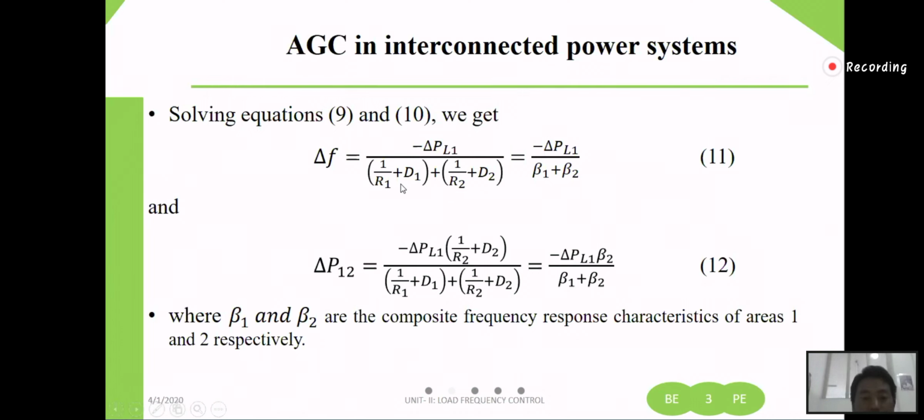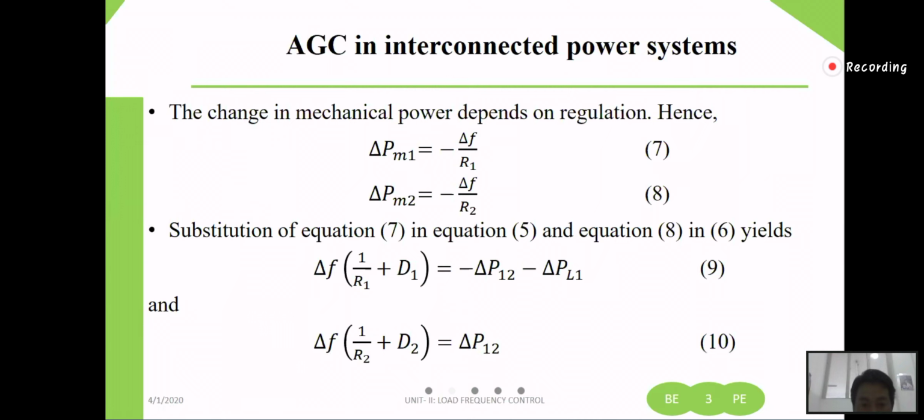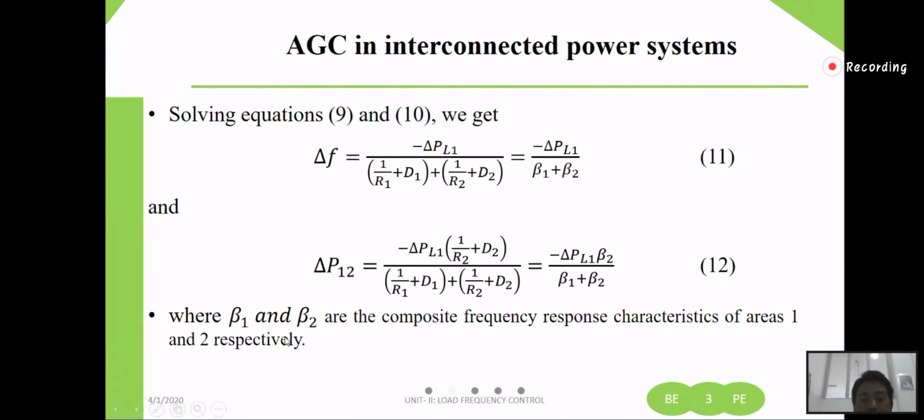Similarly, you can get del P12: substitute del F and you can get how much power has been transferred from area 1 to area 2 by equation number 2.